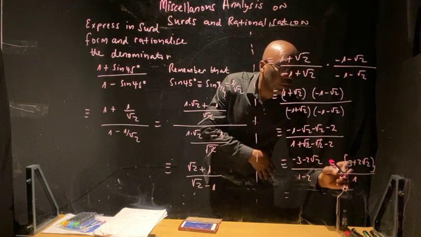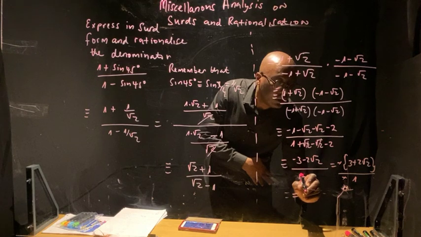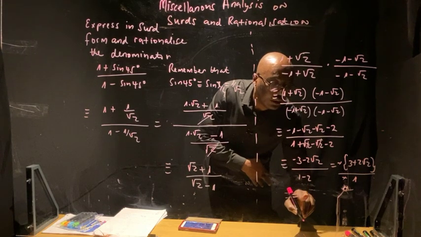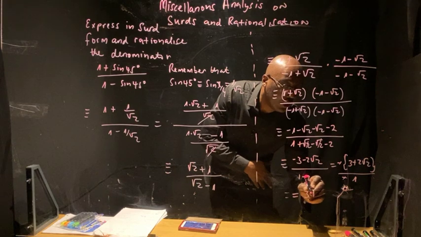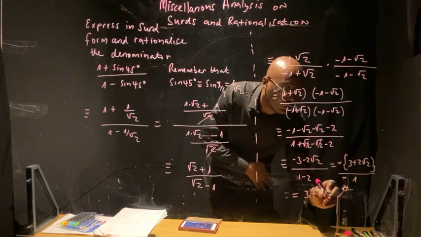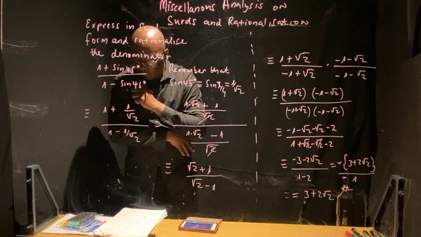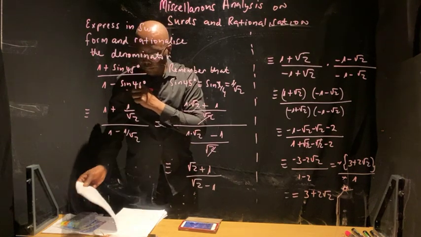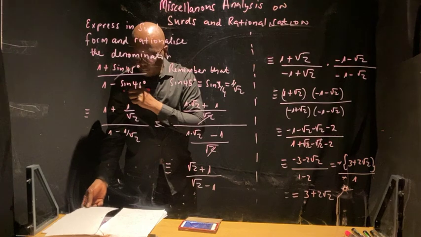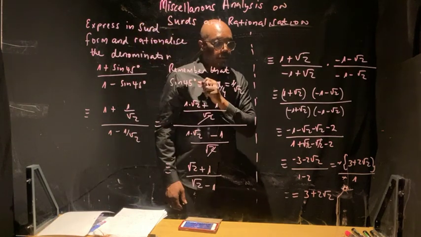This negative crosses away, so the final answer becomes 3 plus 2 root 2. That's the final answer.